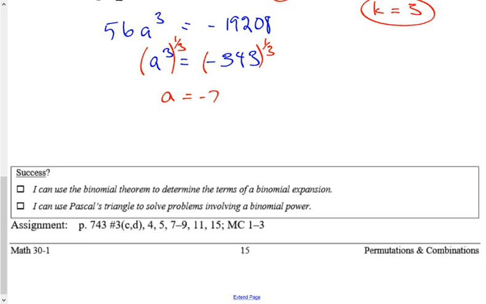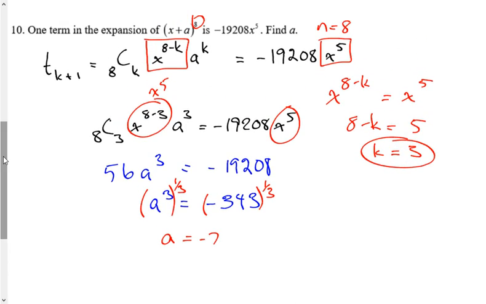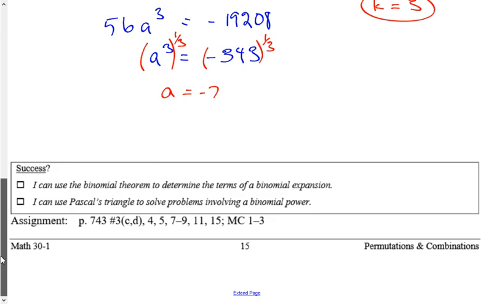That was given to us in the question, the negative 19,208. That was there. Yes. So it's a math strategy which would say, if I had something like that equals... if I knew this equation was true, would I know what a is?